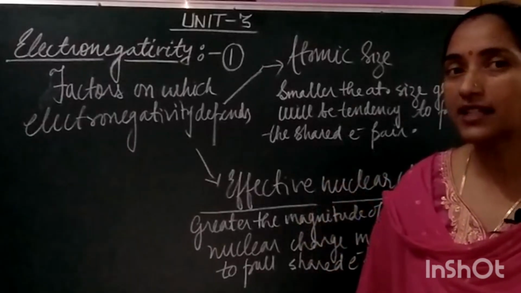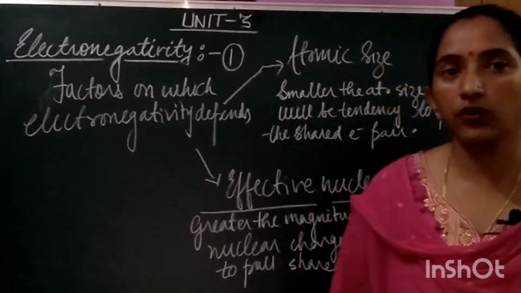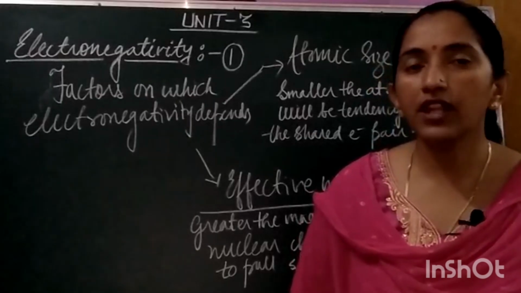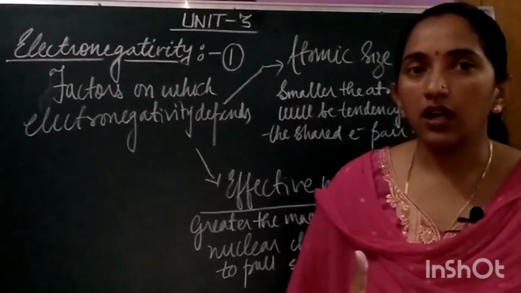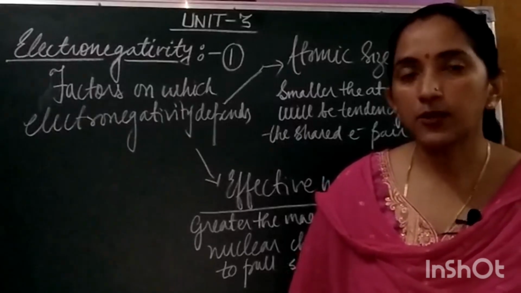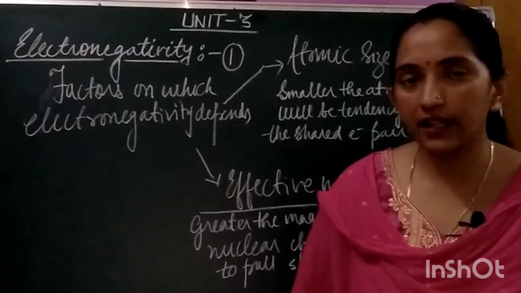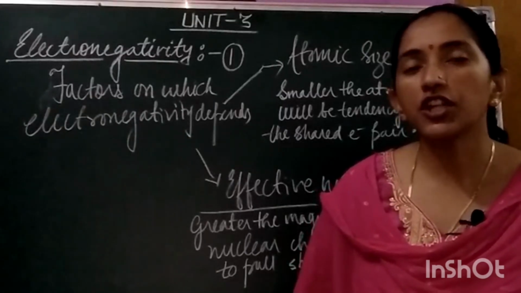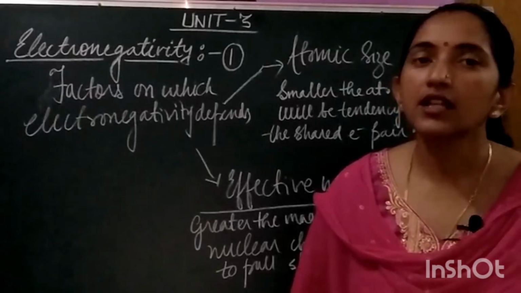Now one more factor is the type of hybridization. When we go through unit 4, we will come to know what hybridization is. But in general, we are considering here sp3, sp2 and sp. Among them, the sp hybridized atom will have the strongest tendency to pull the shared electron pair toward it, and sp3 will have the least tendency.